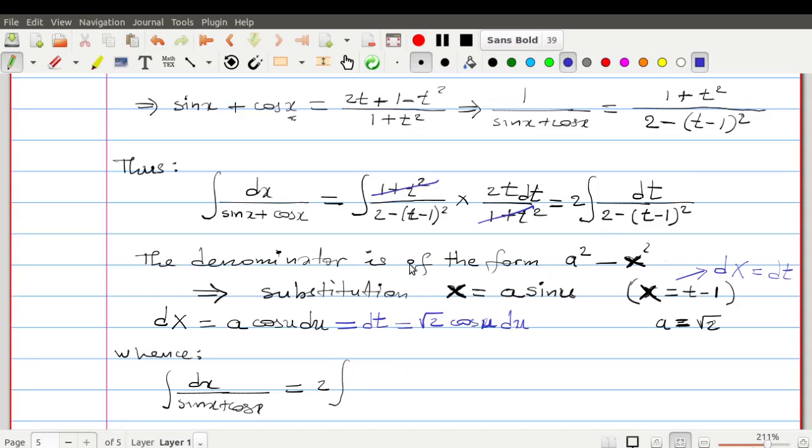So I will substitute it here. So we have square root of 2 cosine u du. That is for the numerator.